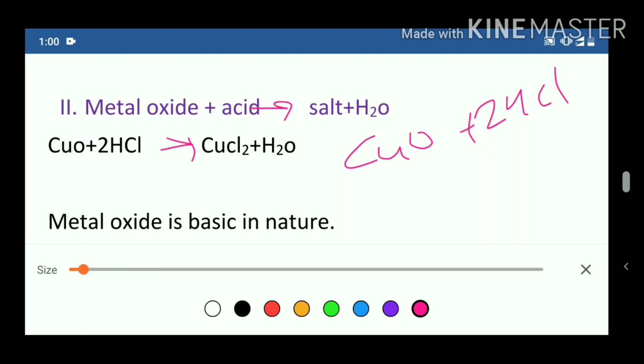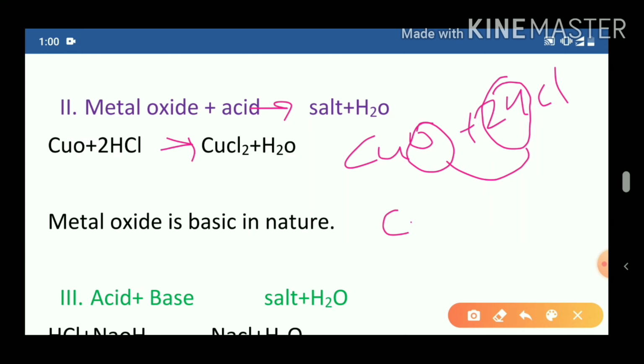So the first thing is to take out water. We will take out this 2H and O. After that, what is left we will write now: Cu and Cl, but we know that this 2 is common for H and Cl, so we will write 2 also, CuCl2 and H2O.